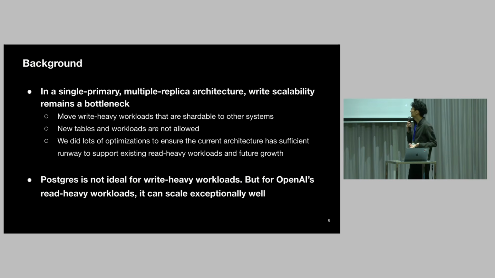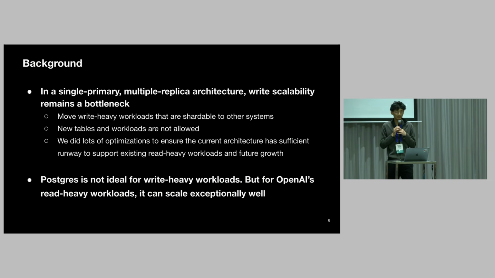So what we did is that we moved some write-heavy workloads that are shardable to other systems. The read-heavy workloads are not easy to shard, so they are still running on a single primary multi-replica Postgres. And we don't allow adding new tables and workloads.